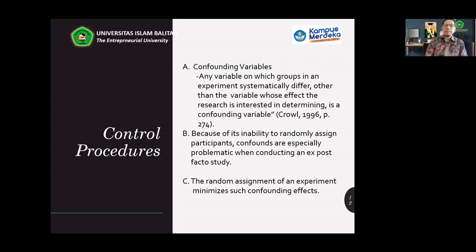Because of an inability to randomly assign participants, confounds are especially problematic when conducting an unexposed factor study.